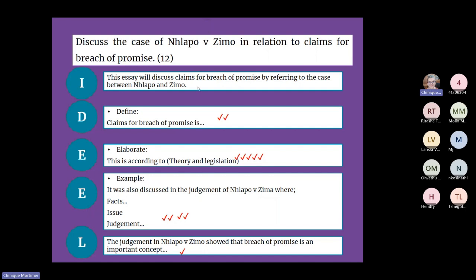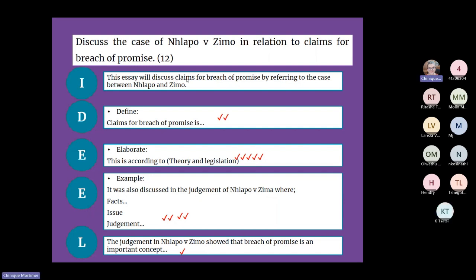So there are some generic phrases, right? This essay will discuss X. X is defined as, so claims for breach of promise is, so X is blah, blah, blah. Then you have, this is according to, and this is where you have to now study. You have to know the theory, you have to know your legislation, right?